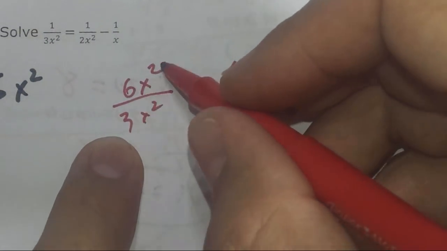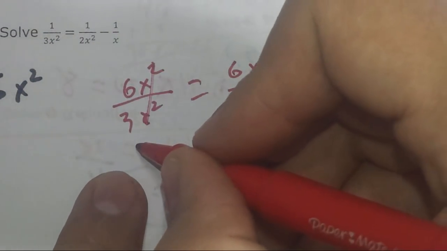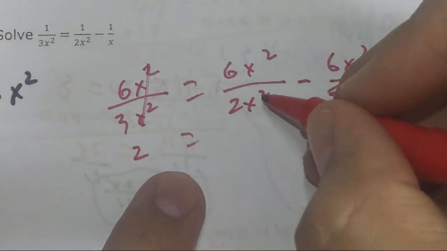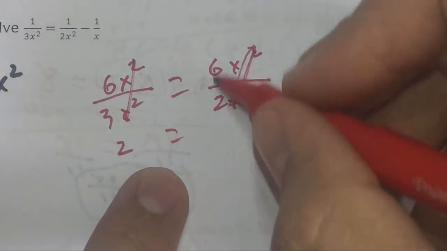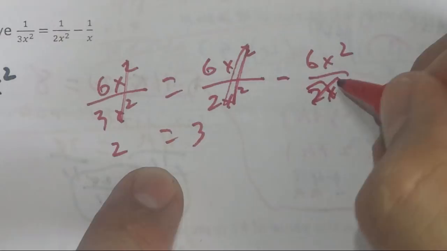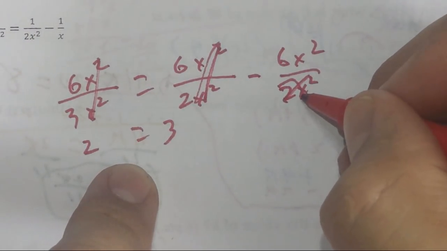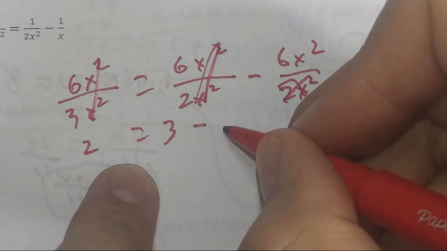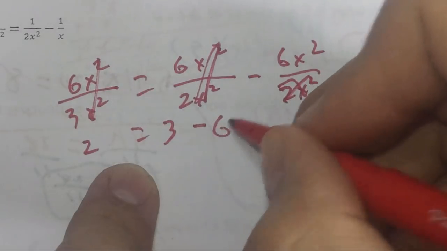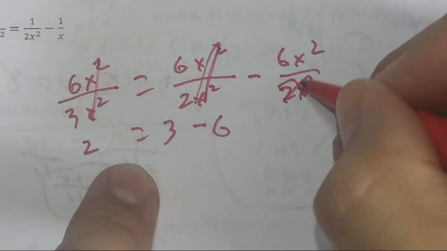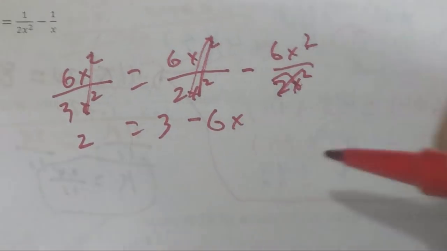What cancels here? Those cancel completely. I'm left with a 2. Those cancel completely. I'm left with 3. This is just x, so minus 6. Nothing cancels 6, and the x only cancels that out once.